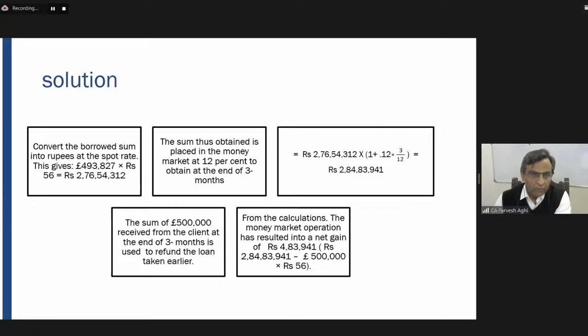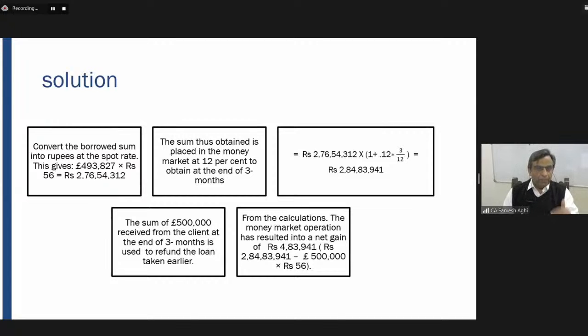Suppose he would have converted his 5 lakh at the spot rate at the time, 3 months before, that would have given him 5 lakh multiplied by 56. So you find that it has resulted in a gain of 4,83,941.